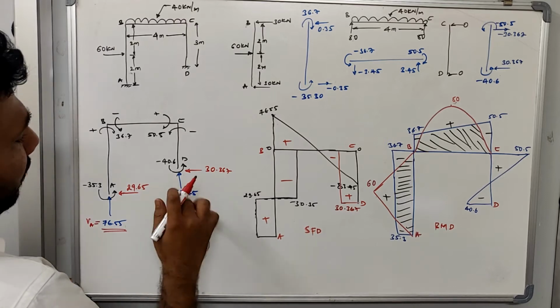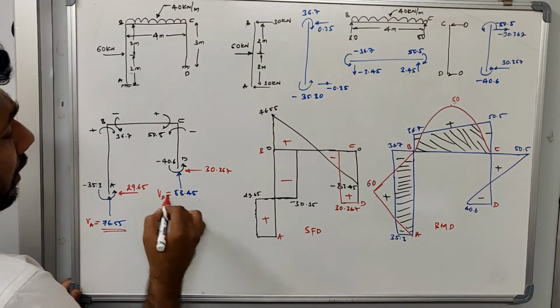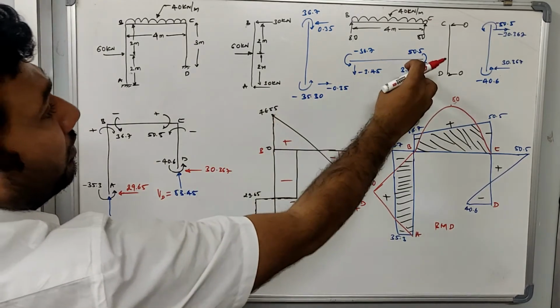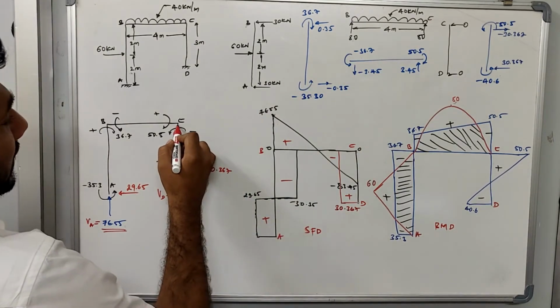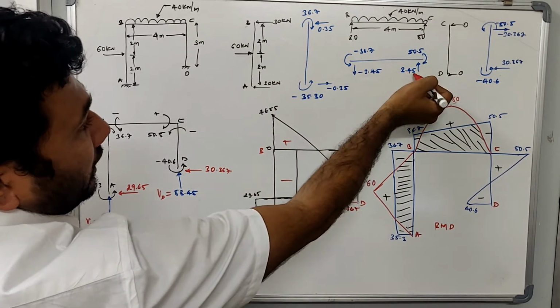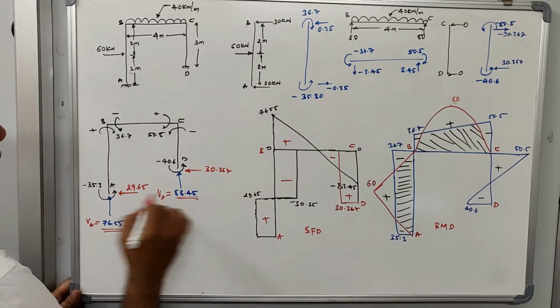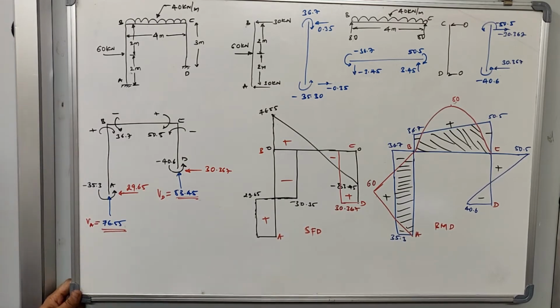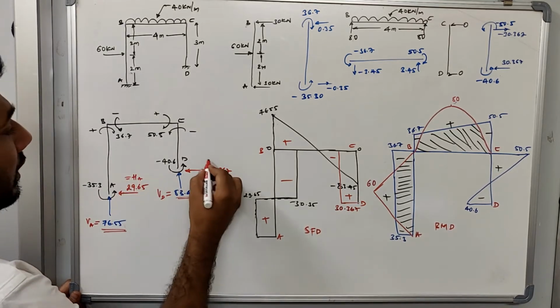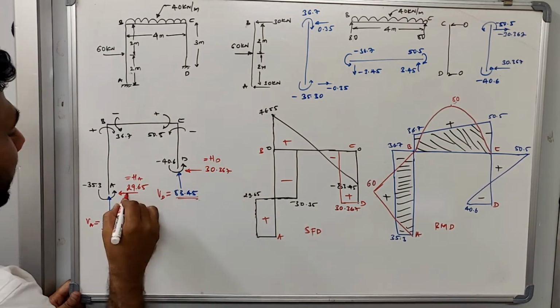Similarly for VD, we must resolve the reaction developed at point C. So at C it is 80 plus 3.45, which is equal to 83.45. So we have solved VA and VD. Now we can solve for HA and HD.